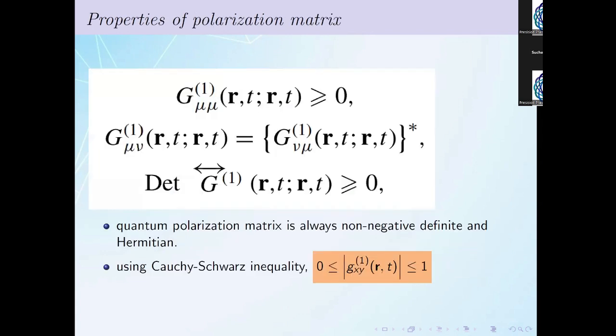The polarization matrix satisfies these properties, which tell us that it is always non-negative definite and Hermitian, and from the Cauchy-Schwarz inequality, and since the determinant of the polarization matrix is greater than or equal to 0, we get that the modulus of the correlation coefficient lies between 0 and 1, with the extreme values 0 and 1.